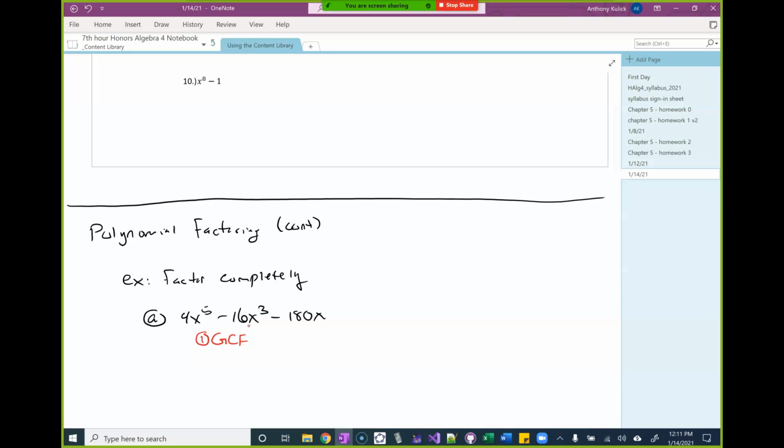Yes, right? What is it? Look a little closer, check the variables too. 4x, right? Everybody's good with that? So I take the 4x out. I'm left with x to the 4th minus 4x squared minus 45.